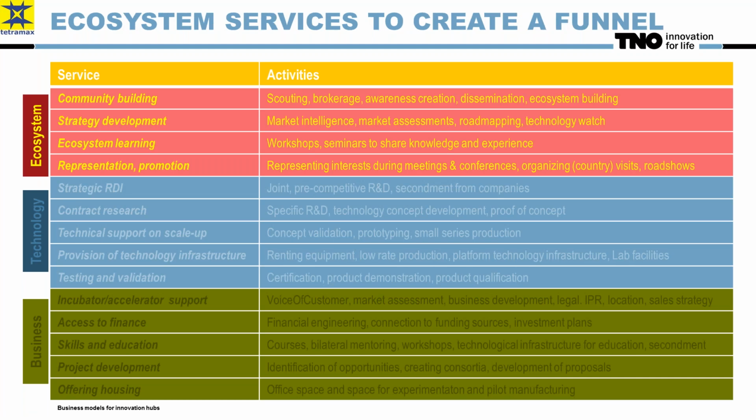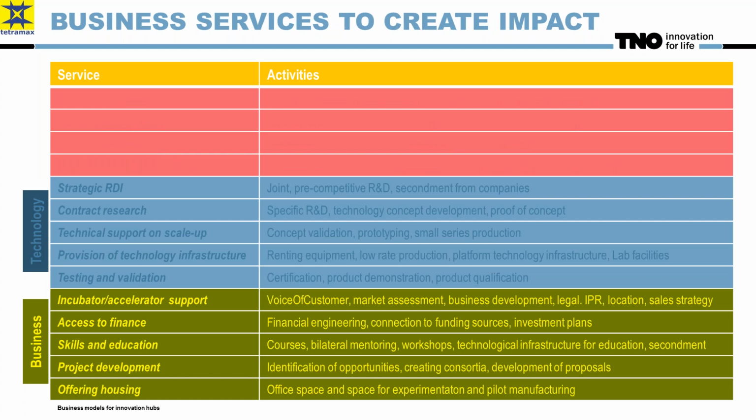The business element is about helping your customers with translating those innovations into actual business and creating added value for their business. So incubator accelerating, that's about startups. Access to finance is about getting venture capitalists, private banks, etc., governments to help those companies get those technologies into actual business.